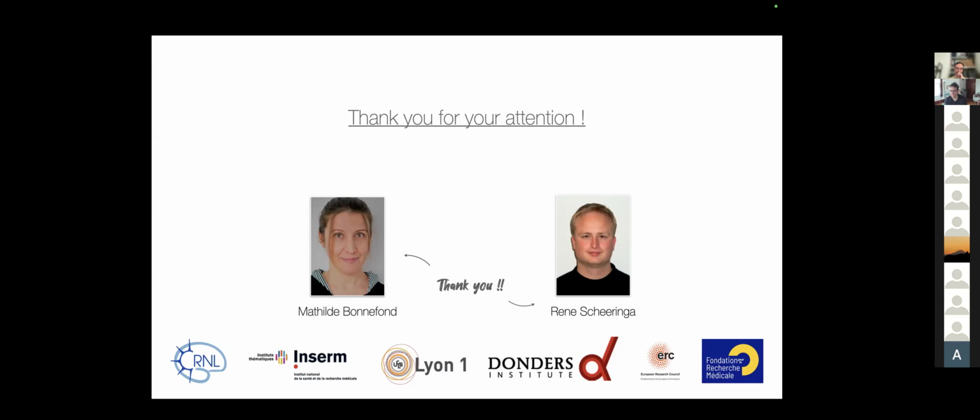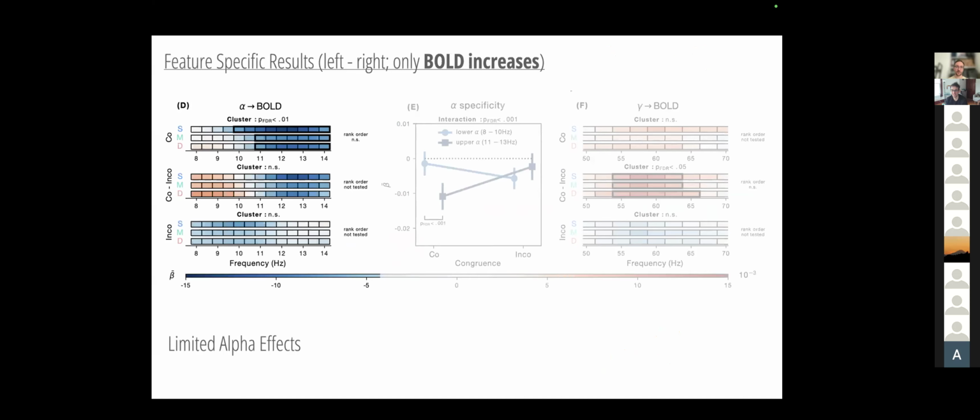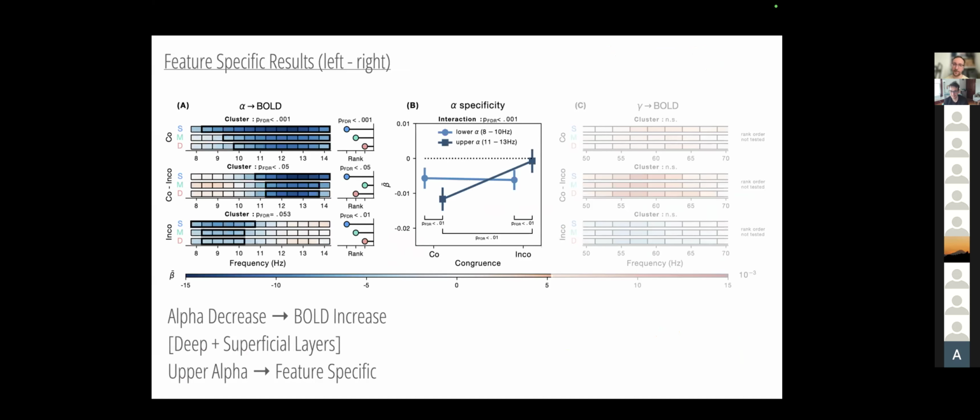Yeah, thanks. For the first question with respect to the laminar profile, for this analysis, I think we are pretty safe because we compute a contrast between congruent and incongruent. If there were any differences in signal to noise ratio, they would affect congruent equally to incongruent model combinations. So if we compute the contrast between congruent and incongruent, it should account for this.